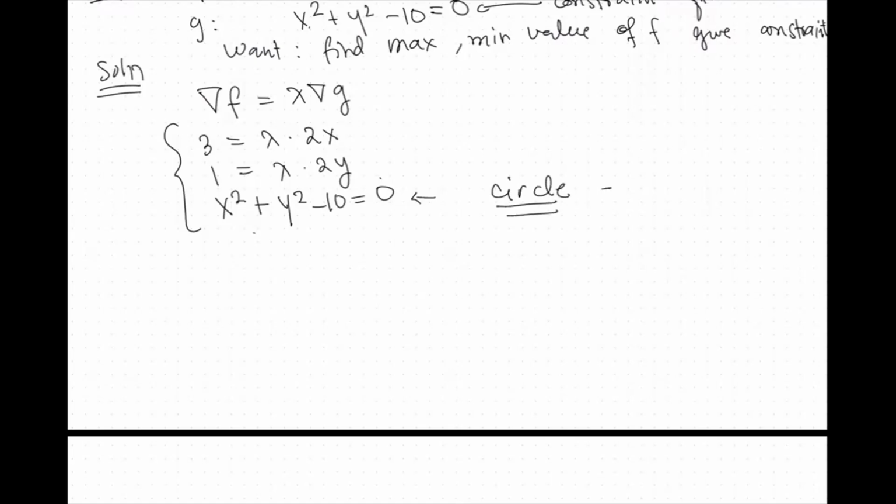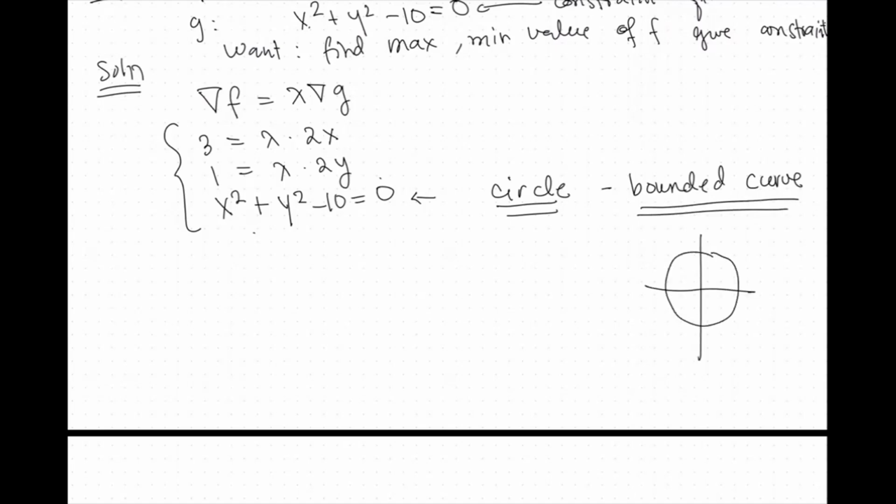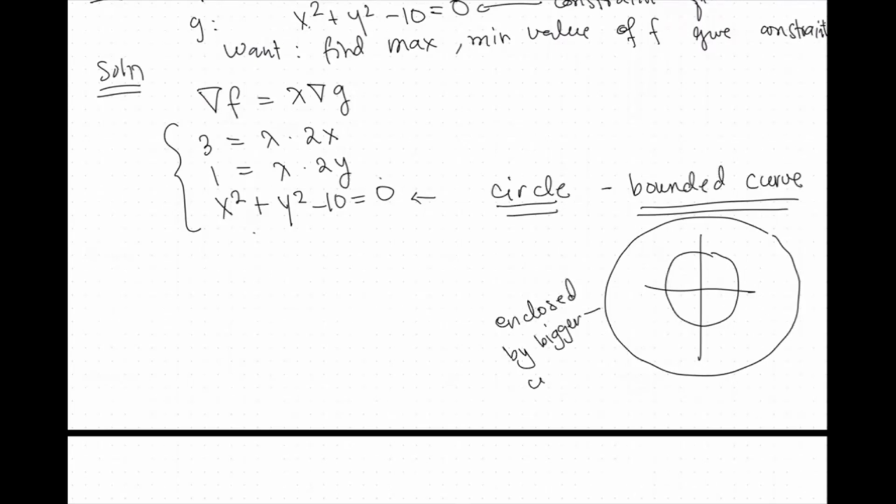Now, this is just a circle, so this is a bounded curve. What does it mean to be a bounded curve? If you have this equation, this is a circle, that means you can bound this by a bigger circle. That's what it means to be bounded. For example, in 3D, it can be enclosed by a bigger sphere.